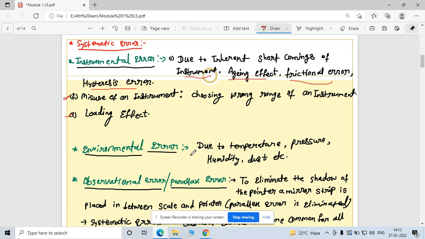We must take care of that, and when you take the reading, you must consider all these factors. So which factors affect your reading? First is temperature differences, and pressure, humidity, and dust. All these factors come under environmental error. So you must take care of that also.